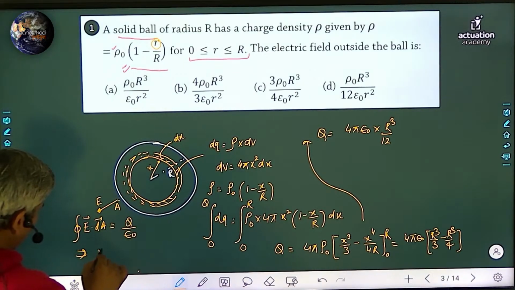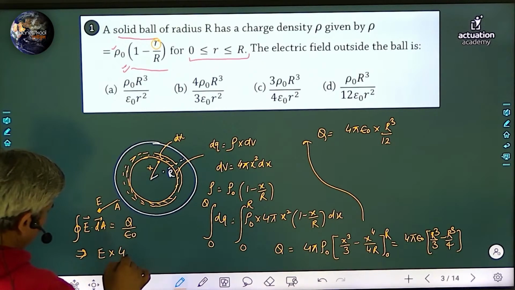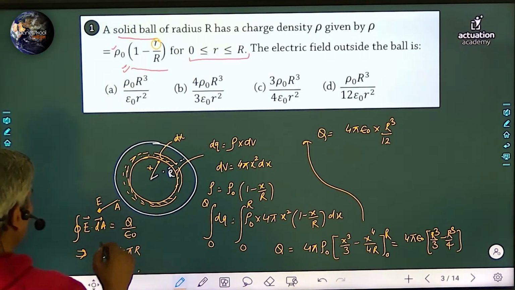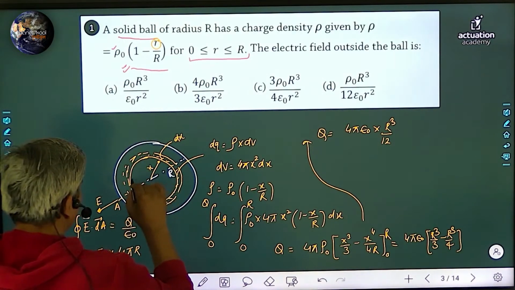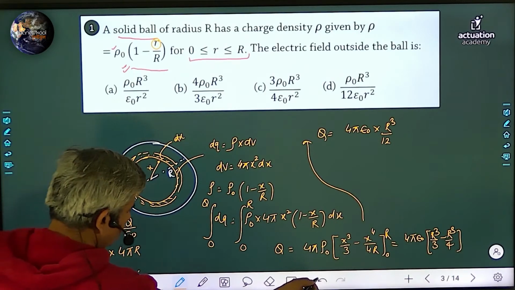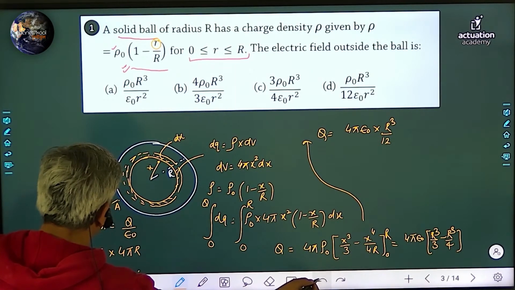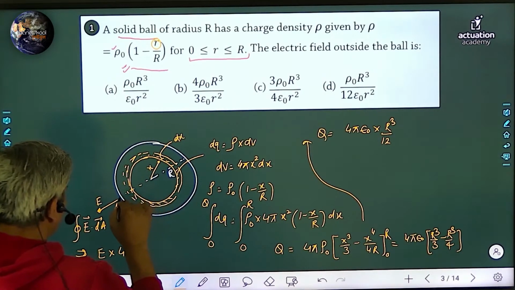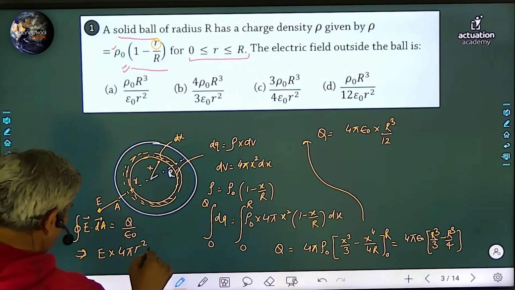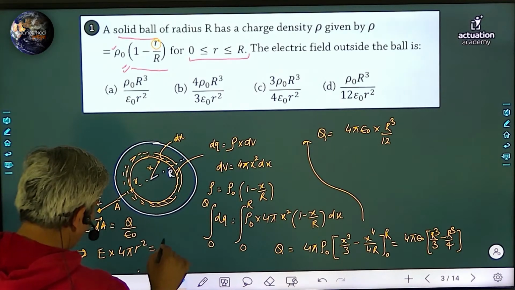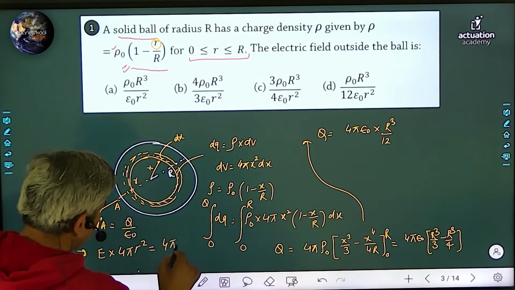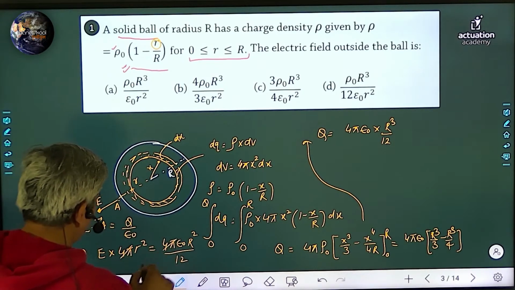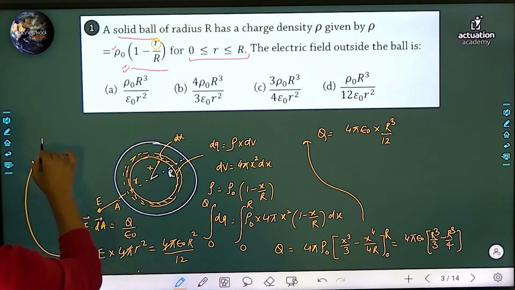Now this electric field can be given as E into this total area, 4 pi, and let's say the distance is r. So this can be written as E times 4 pi r square, if this is r, is equal to Q in, which is 4 pi rho naught R cube by 12.